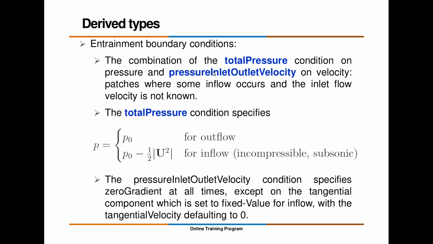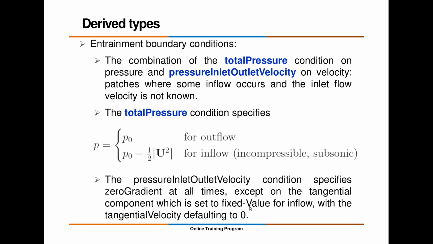These two go together very well. For total pressure, for an outflow the pressure equals 0, and for an inflow the pressure is whatever is specified, and from this one can calculate the velocity at that inlet patch. The pressure inlet-outlet velocity condition specifies zero gradient at all times except on the tangential component, which is set to a fixed value for inflow.